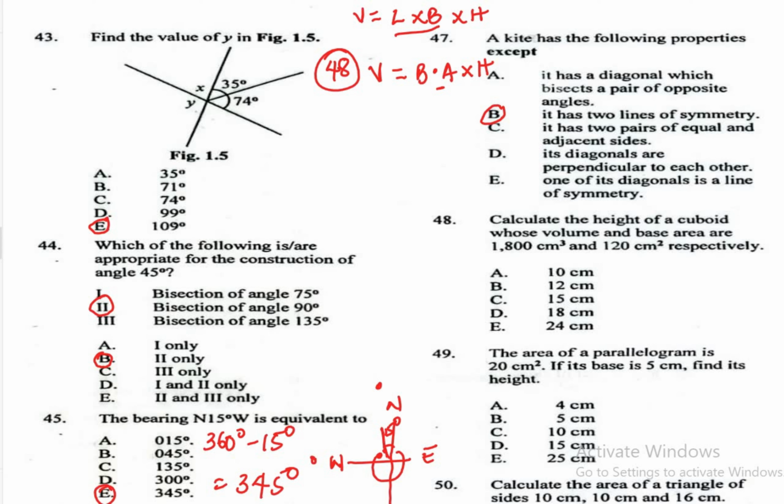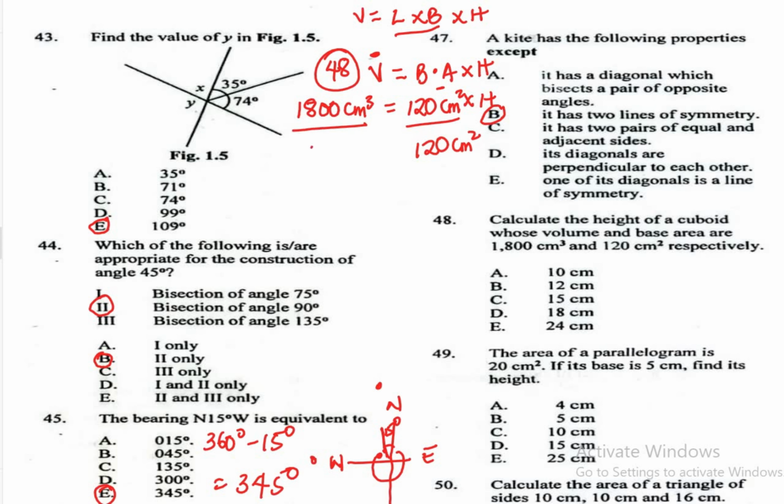In the question, the volume has been given as 1,800 centimeter cube. Use it to replace this V, equal to, the base is 120 centimeter square. They just ask us to find H, the height. To get the height, you divide both sides by 120 centimeter square.